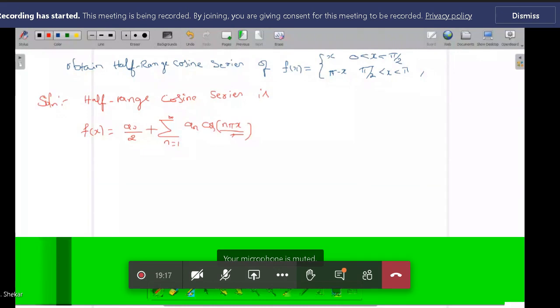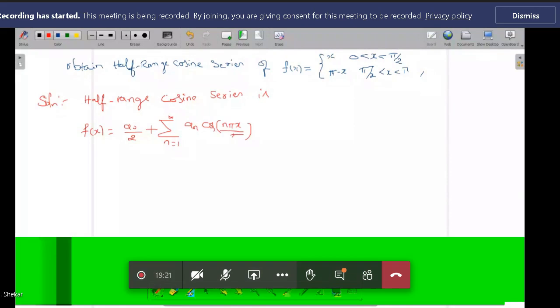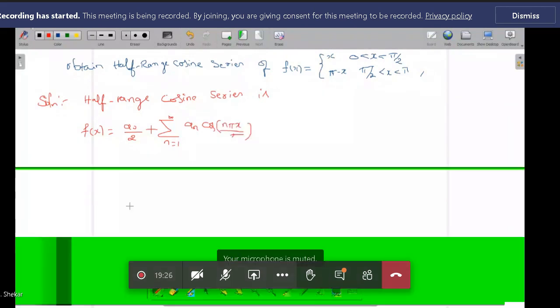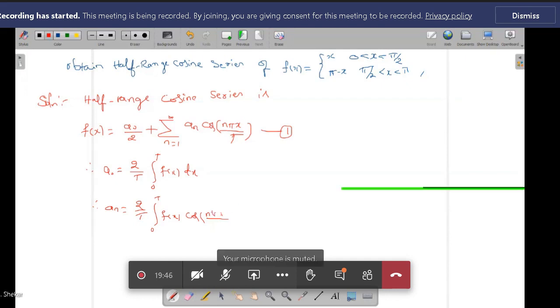2 by t integration from 0 to t f of x into dx, and an is 2 by t integration from 0 to t f of x into cos n pi x by t into dx.